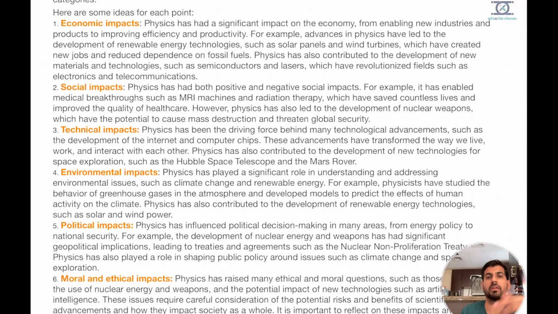Economy can be in terms of your nation, a company, or an individual. So when you read the question, you have to be very specific about what particular area they are asking the economic impact for.